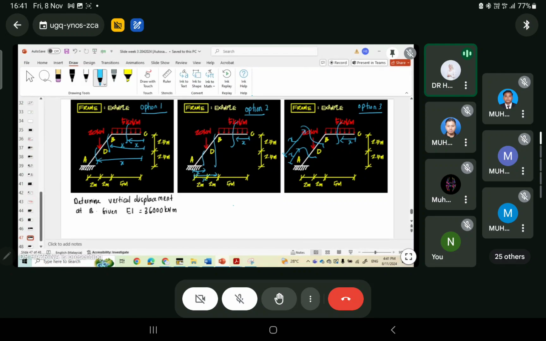So, what I'm trying to say, okay, alright, kalau you ada frame, the frame can be cut either horizontal, okay, you boleh measure X dia secara horizontal, atau you boleh measure X dia secara vertical, atau you boleh measure X dia secara incline, parallel dengan dia punya structure.